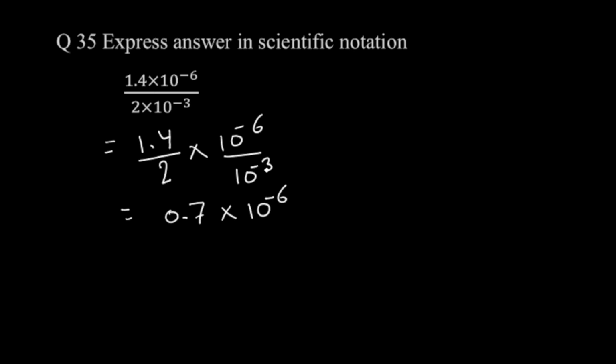Power minus 3 is negative in the denominator. If we move it to the numerator, this is going to be positive, plus 3. 0.7 multiply 10 to the power minus 3.